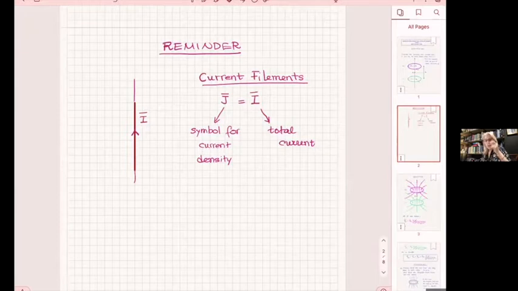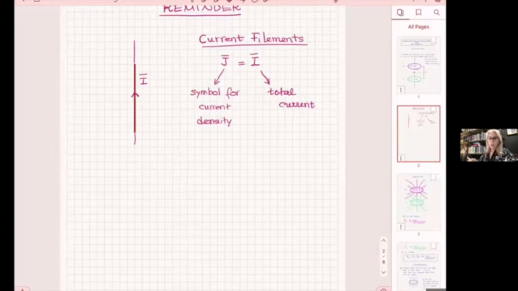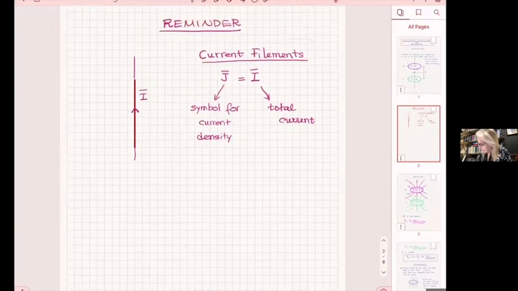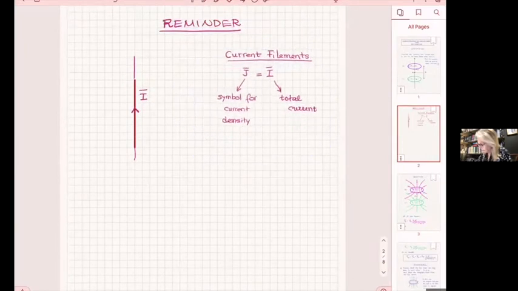But density is reserved for when there is a current distribution. So we differentiate between a current density and a total current, because the current is distributed. But when the current goes through one line, the density and the total current are primarily the same thing. Just in case when you read, you see them used interchangeably. I know that some students had a question about this, so I clarified that.